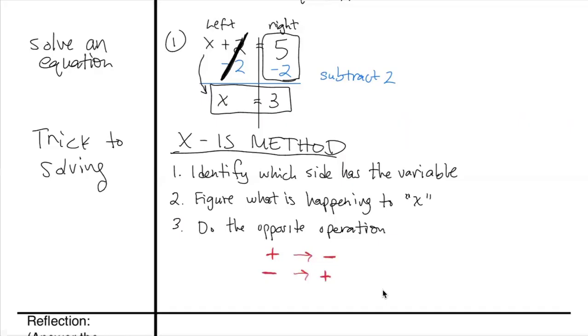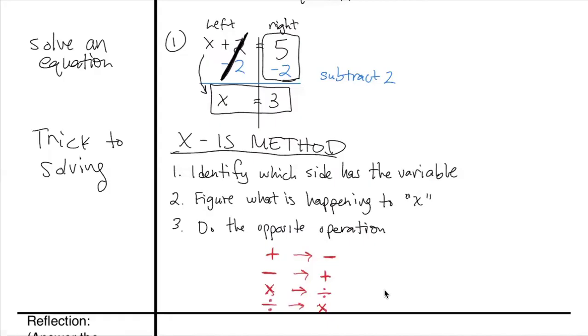If you see multiplying, the opposite that you should be doing is dividing. Go and write that down. And then the opposite of dividing would be multiplying. Write those down. So the opposite of adding is subtracting. Opposite of subtracting is adding. Opposite of multiplying is dividing. Opposite of dividing is multiplying.